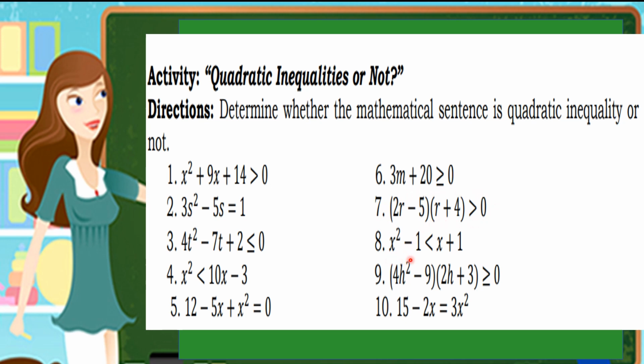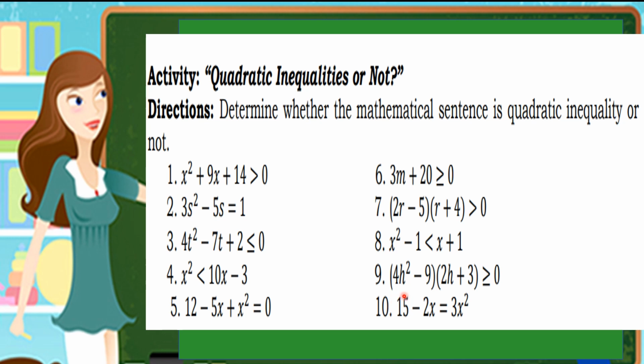Next, x squared minus 1 is less than x plus 1. Okay, this is an example of quadratic inequality. Number 9, we have the quantity of 4h squared minus 9 times the quantity of 2h plus 3 is greater than or equal to 0. This is not a quadratic inequality. Bakit po?